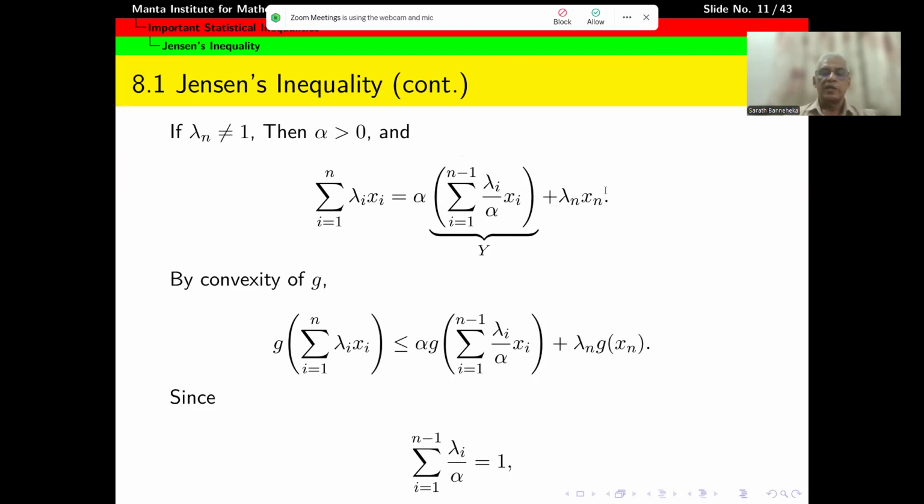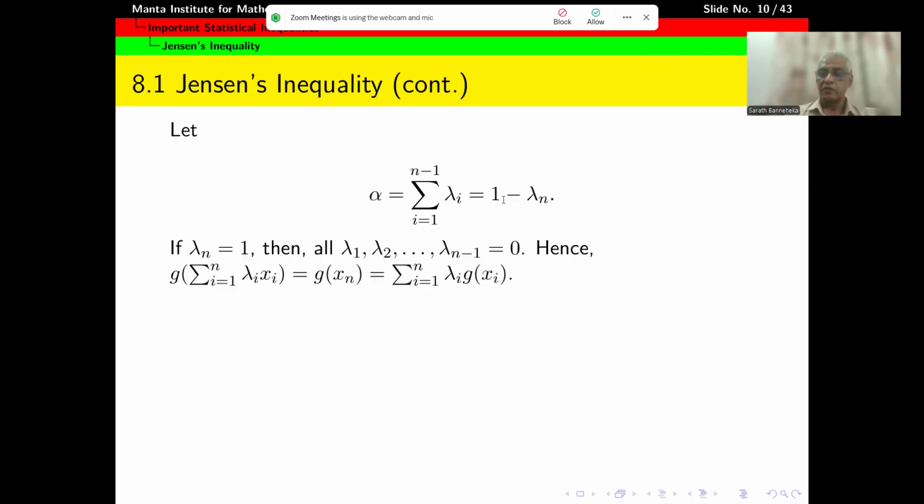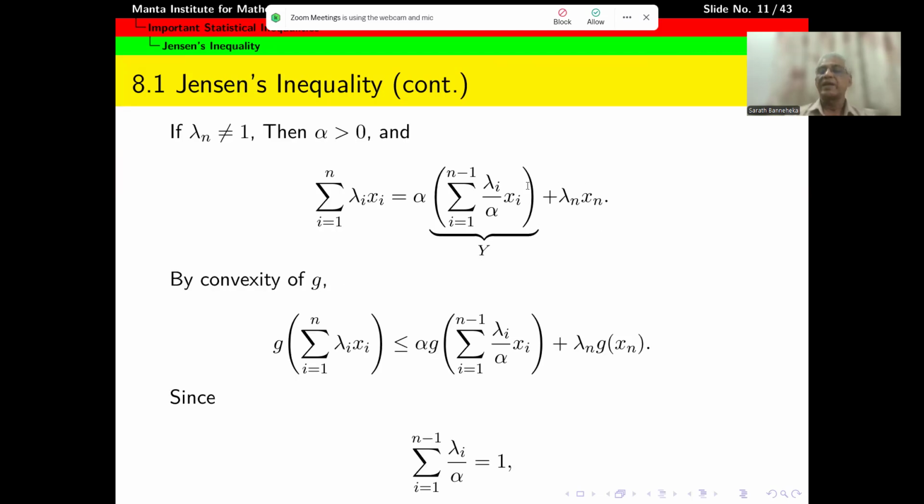And you can see that now it is something like alpha times some y plus lambda n times another quantity, where alpha plus lambda n will be equal to 1, right? According to the way that we selected, alpha plus lambda n is equal to 1. So we are now back in a situation like the n equal to 2 case. You are considering two quantities, y and xn, with weights alpha and lambda n, where the sum of the weights equals 1.